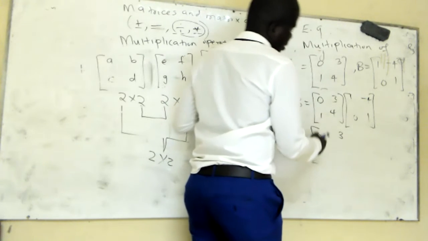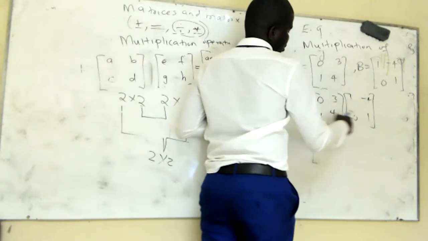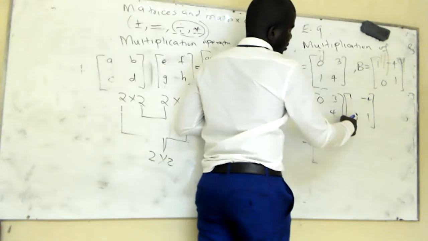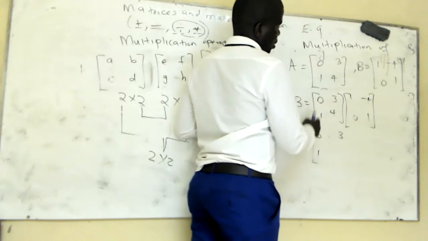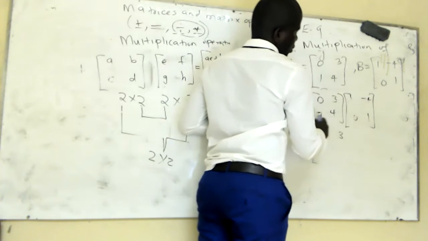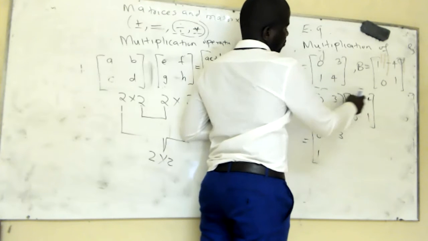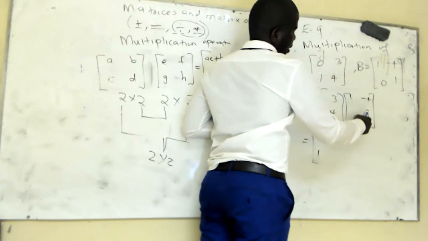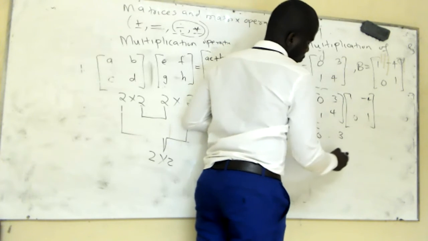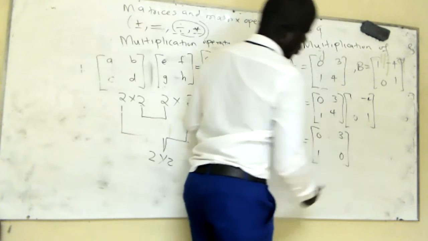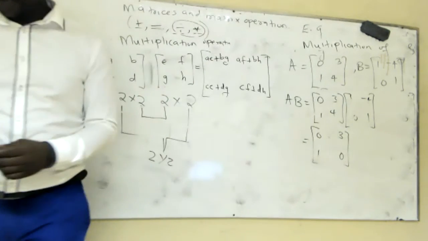And then to get the third, you multiply this with that, so it's going to be 1 plus 0, which is 1. This with that is going to be negative 4 plus 4, which gives you a 0. That is what you have there.